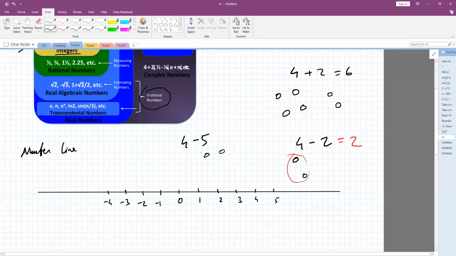But if you try to visualize from this illustration, you have 4 circles and then you take away 5, and you see we only have 4. Now you want to take 5 of them. We can't use this kind of representation anymore. It's quite difficult, right?